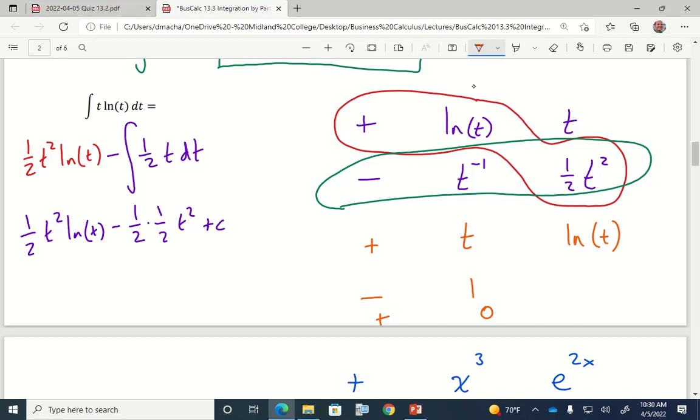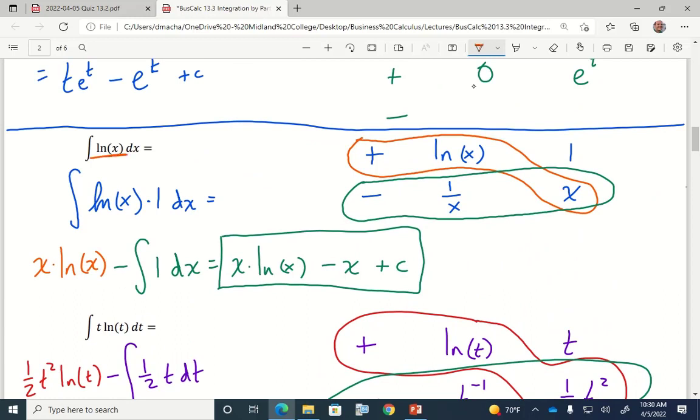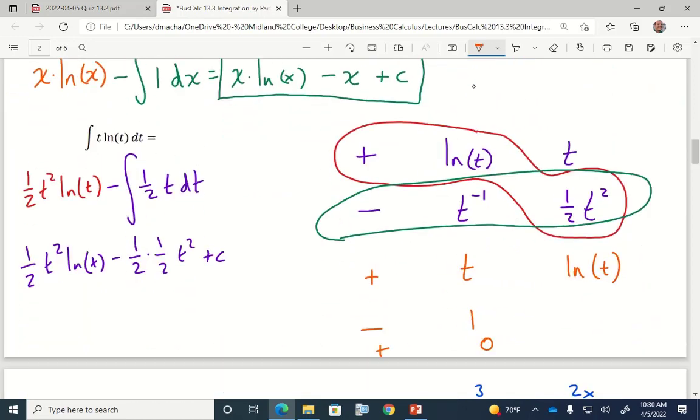The antiderivative of natural log t is... you don't necessarily have that memorized off the top of your head, but maybe you did memorize it, right? Maybe you saw this problem and you said, I'm going to memorize that antiderivative. So the antiderivative of natural log of t would be t times natural log t minus t.